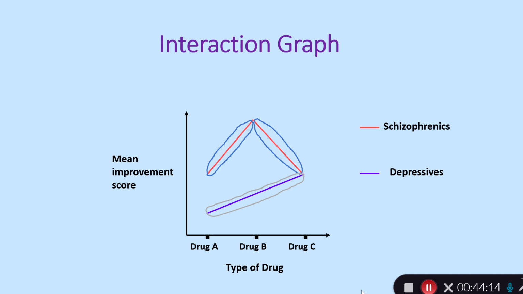And then likewise we're going to do another one-way independent ANOVA just on depressives.